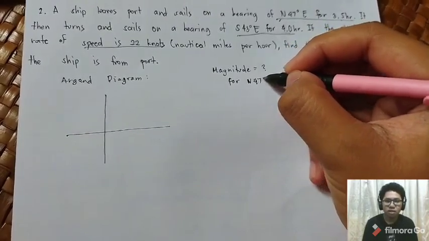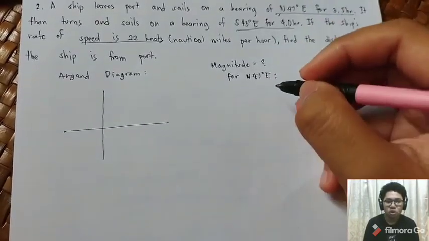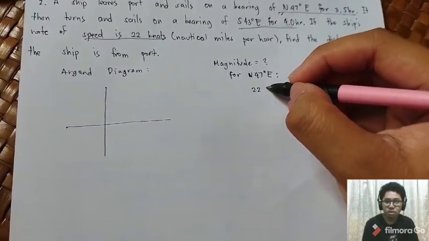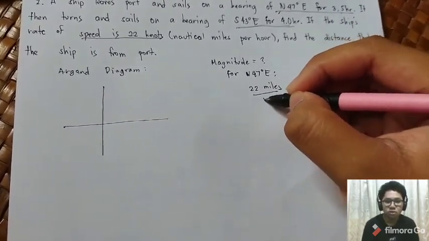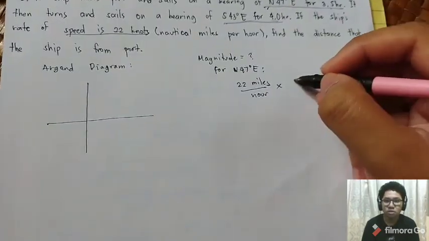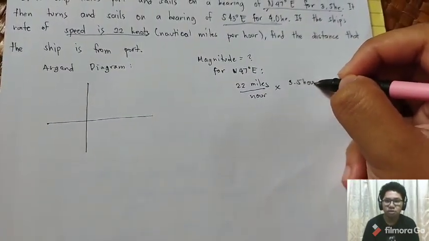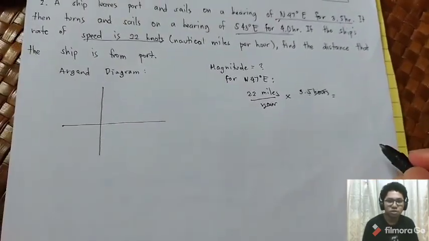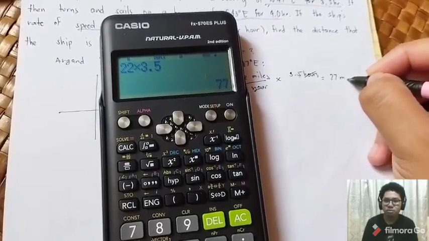So we can say that in the direction of north 47 degrees east, the distance is 22 miles per hour times 3.5 hours, and the hours will cancel, giving 77 miles.